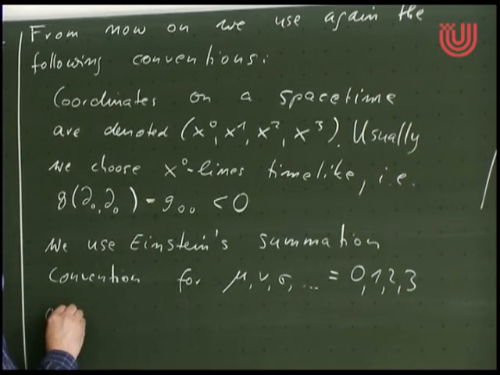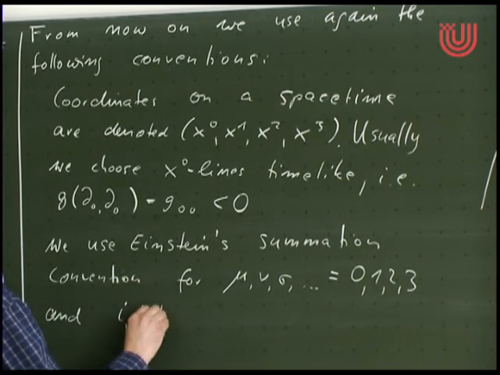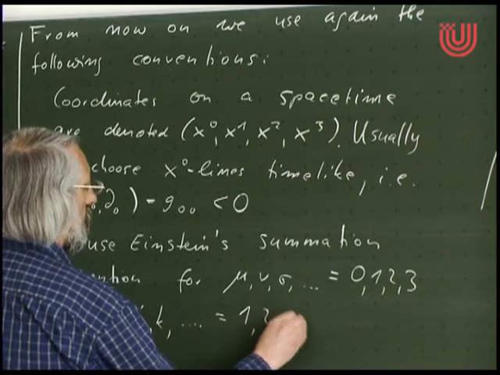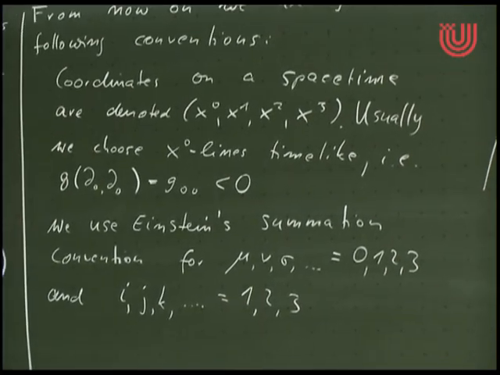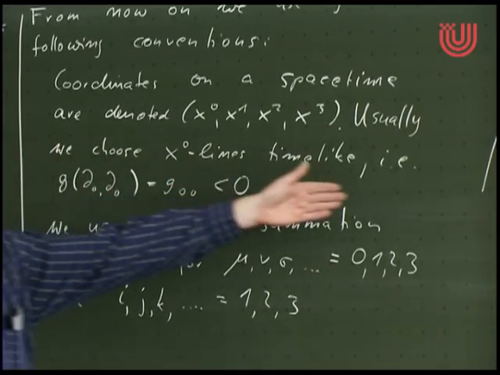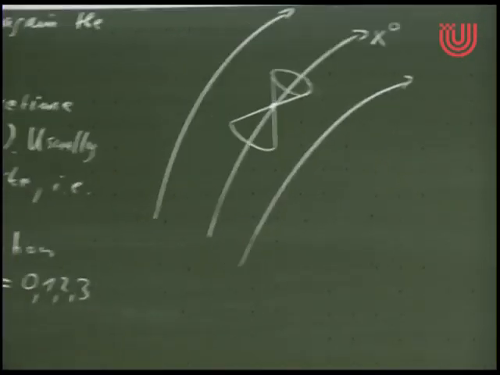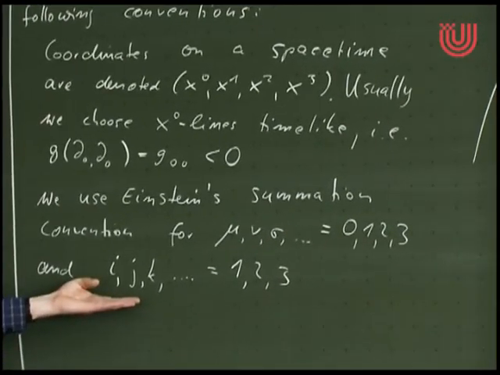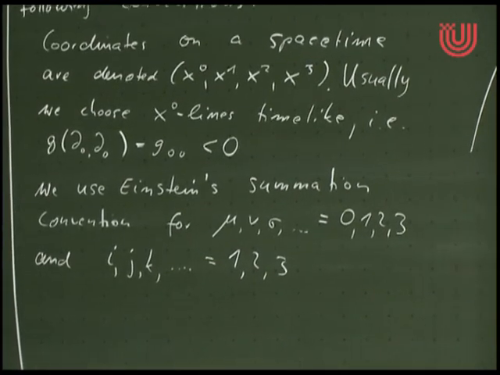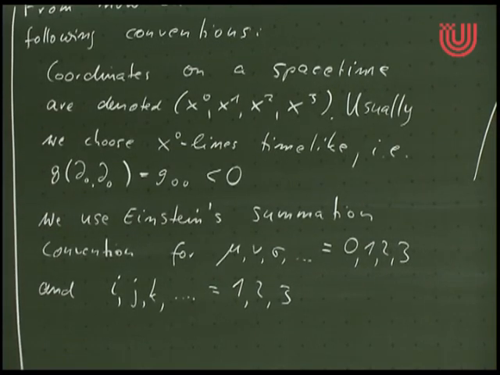And for Latin indices, they will not occur too often, but occasionally, they will take the values 1 to 3 only. So when we have a coordinate system where x0 has this property, so where the x0 lines are time-like, then this would correspond to spatial coordinates, right? To the other three which label these x0 lines. So they could be considered as coordinates on space.